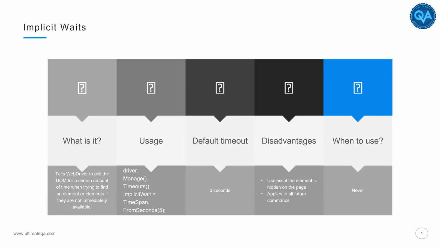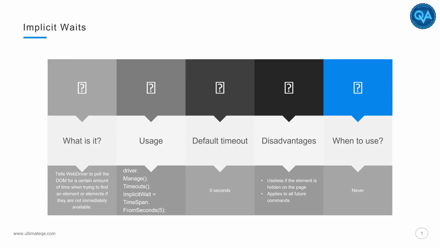In fact, there is no reason that I've ever encountered why you would need an implicit wait. After everything I show you, you're going to realize that implicit wait is not only useless, but because you can't combine it with an explicit wait, and you shouldn't, as recommended by Selenium WebDriver, you shouldn't mix implicit and other waits, then it becomes the fact that you should never use implicit waits.